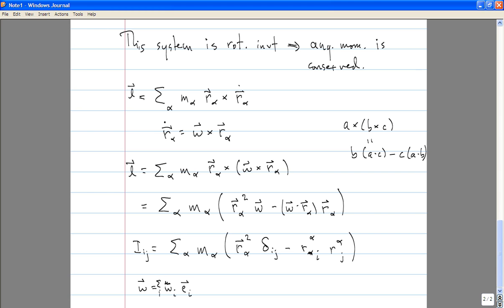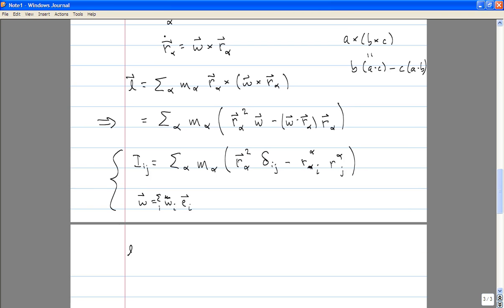So if you compare this expression to these two formulas, and you imagine writing the angular momentum in our rotating reference frame, its components will be given by L i, and let's compare this expression here to this expression here. You see that this expression in the angular momentum is just this matrix I acting on the vector omega.